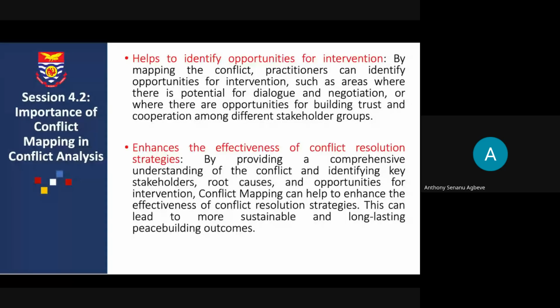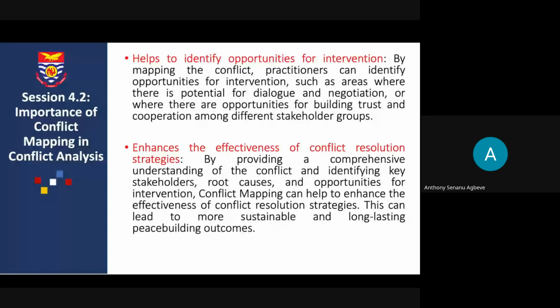So at the end of the day, you'll be able to tell them, well, all the conflicting parties are saying that we should do A, B, C, D, right? And they've all agreed to it. So at the end of the day, the intervention that will be put in place is a consensus form of intervention. Everyone agreed to that intervention.